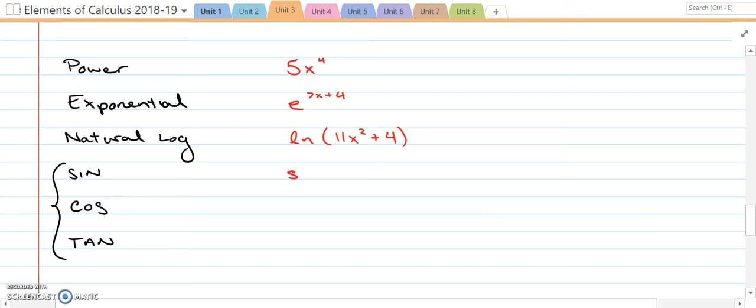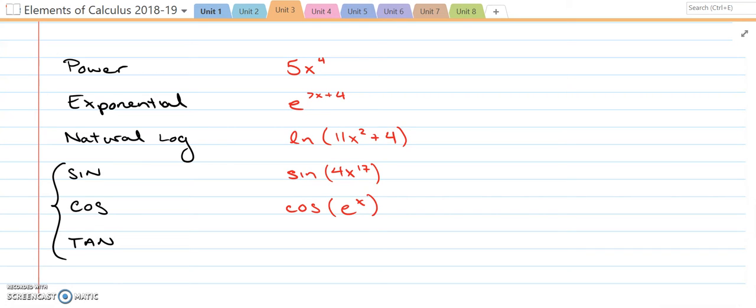The sine would be something like the sine of 4x to the 17th. The cosine, again, it can be whatever I feel like putting on the inside of it, whether that's an e or something that resembles more the power rule type of question. And I could talk about the tangent.